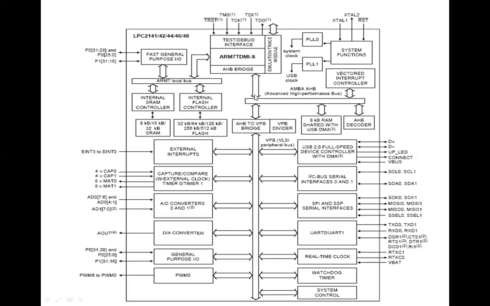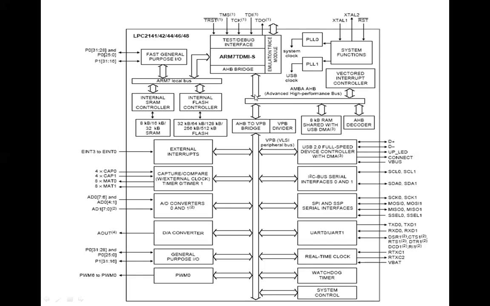Below that you can see many blocks and sections. Out of that, a few are related to the flash memory, some are related to the RAM, some are related to the SRAM. I am going to tell you one by one. Starting from the right hand side, there is an AHB decoder.